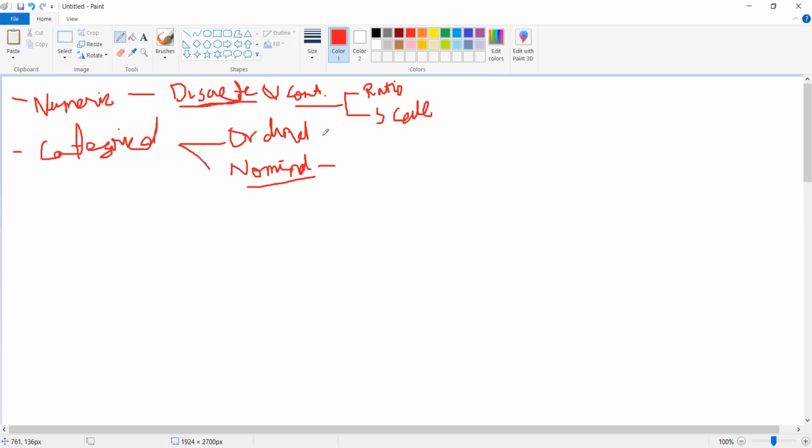Ordinal data are data where order is important. Take rating: it can be very good, good, average, poor, very poor. This order has a meaning. You cannot say very good, very poor, average, poor, good. It has to be in very poor to very good order, or very good to very poor.